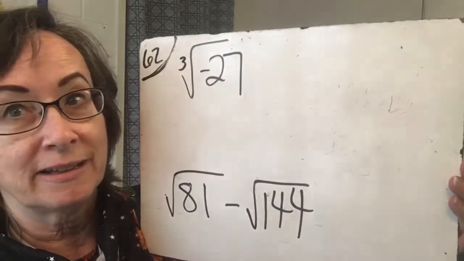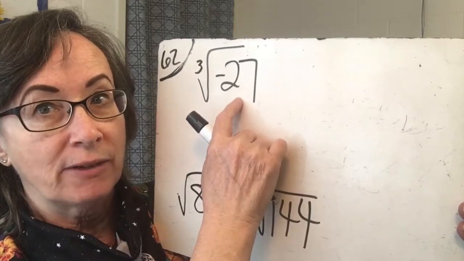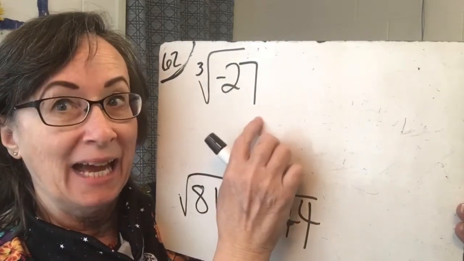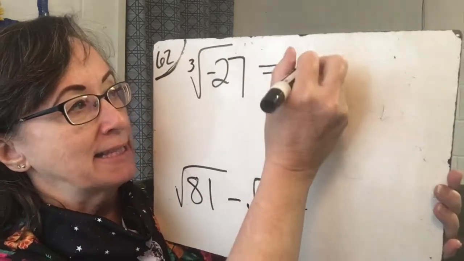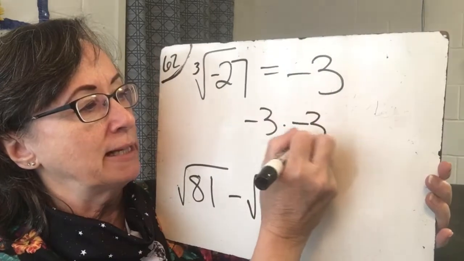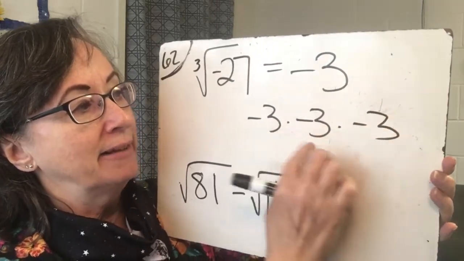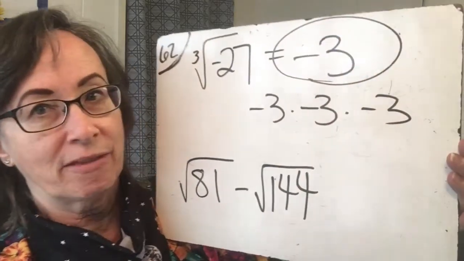Okay, now these are our next 2 practice problems. The cube root of negative 27. Remember, when I have a cube root, I am allowed to have a negative under here. So I'm going to say that's negative 3 because negative 3 times negative 3 times negative 3 does equal negative 27. So the answer is negative 3.